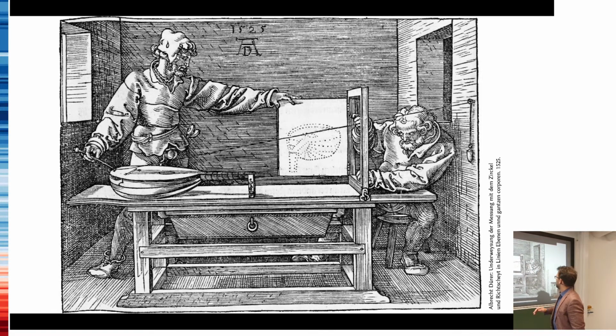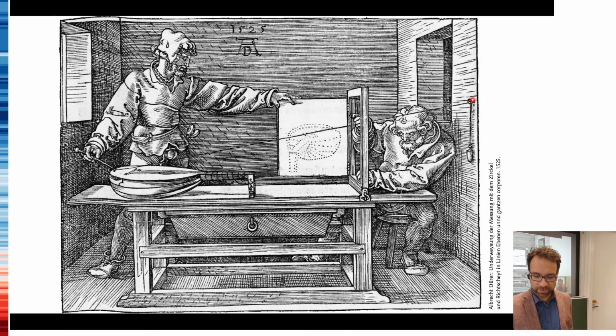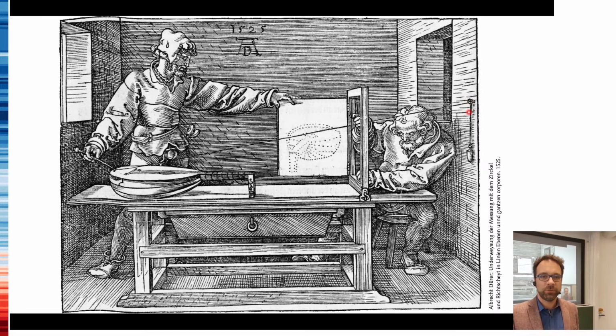Exactly. We again have this fixed point of view with a thread, call it the vision ray, going to this stick that the other guy is holding and pointing at a point on the object.